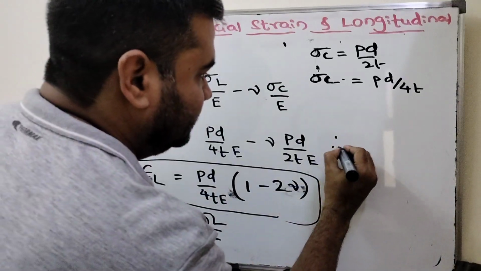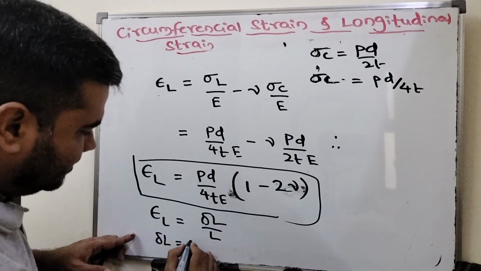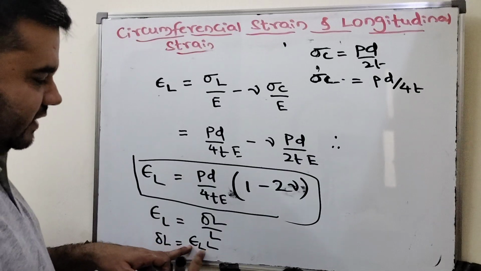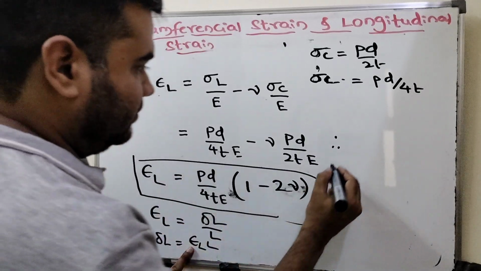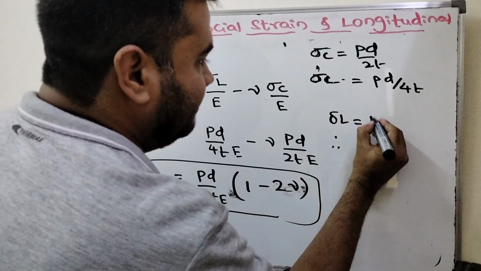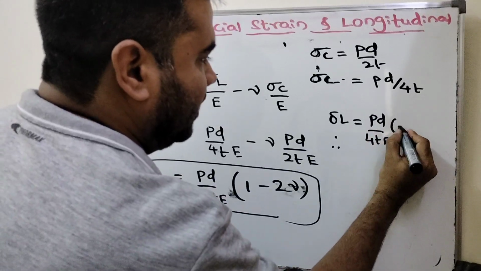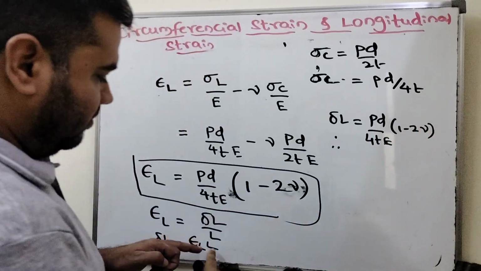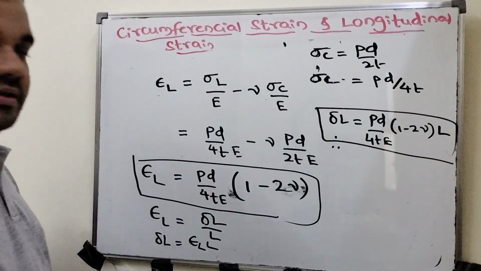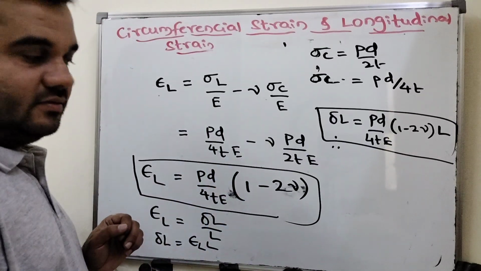Therefore change in length equals longitudinal strain into L. Substituting the longitudinal strain, change in length equals PD by 4tE into 1 minus 2 nu into L. This is how we get the longitudinal strain and the circumferential strain.